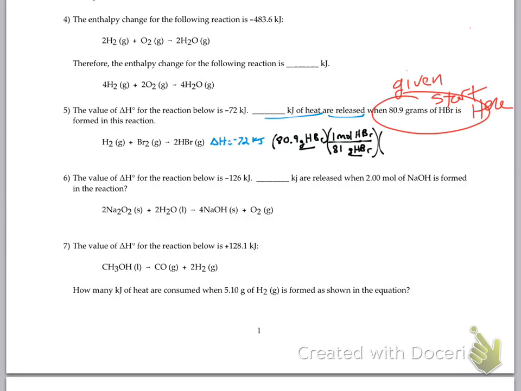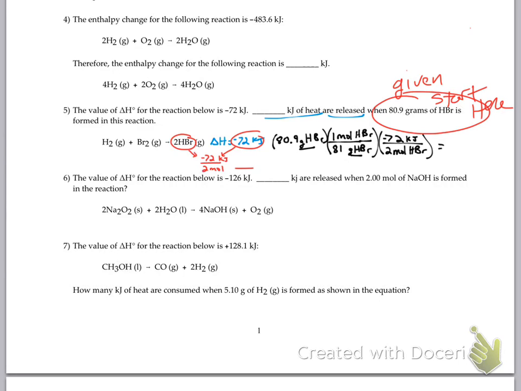Now that I'm converting my grams into moles, we can use the enthalpy of 2 moles of HBr divided by negative 72 kilojoules. Now, where did that number come from? Well, if I look back at my balanced equation, I have 2 moles here and my enthalpy here. So if I combine these two, I will get negative 72 kilojoules divided by 2 moles.